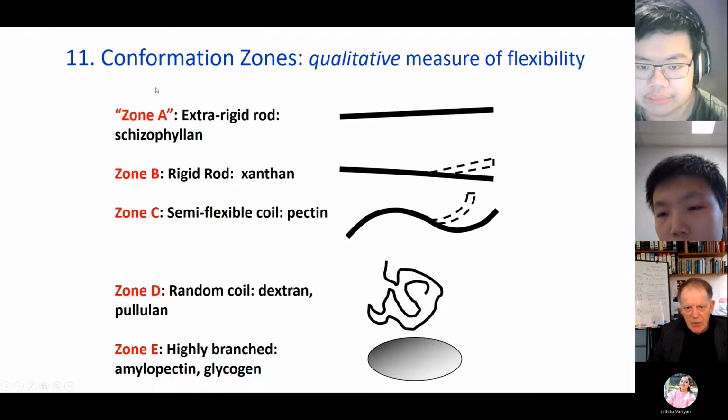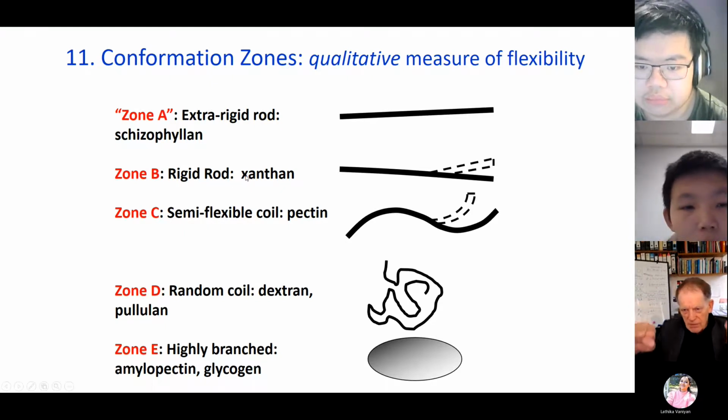Zone B is a rigid rod but with some degree of flexibility. Zone C is a semi-flexible molecule like pectins, which come from the cell walls of fruits and are used in jams, jellies, and other applications.